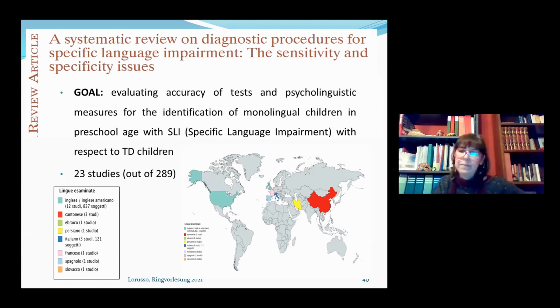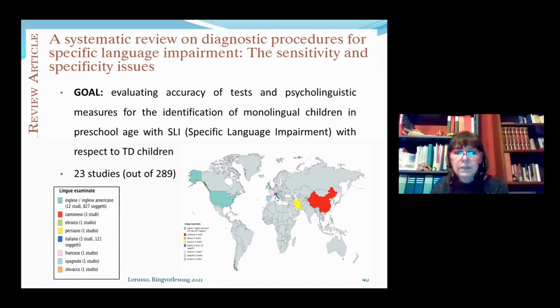Here you see the characteristics of a systematic review by Shamamud and colleagues, which had the goal of evaluating accuracy of tests and psycholinguistic measures for the identification of monolingual children in preschool age with specific language impairment with respect to the TD children.